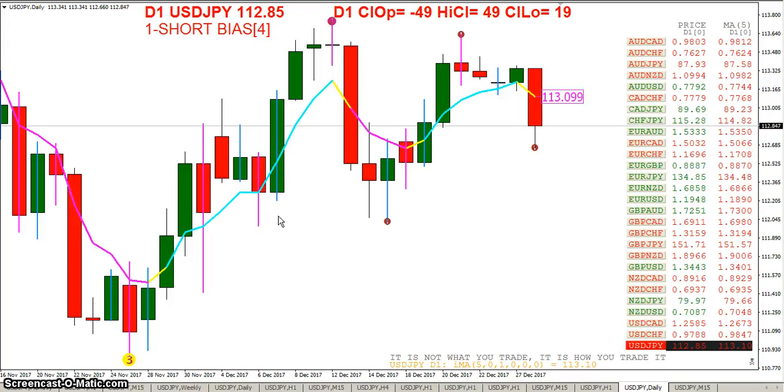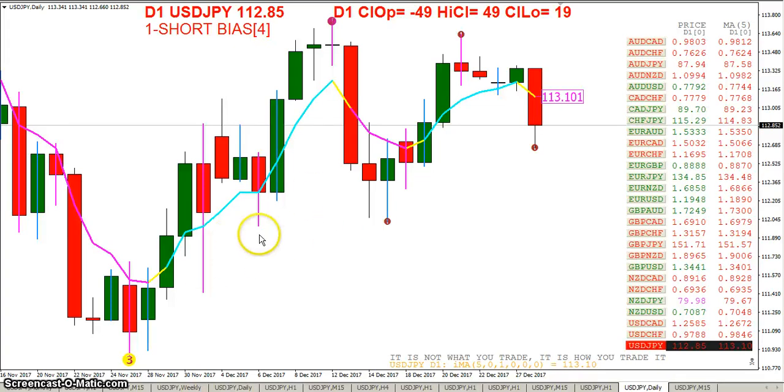So if it closed above it, it was aqua. If it closed below it, it was magenta. And there was a couple colors when it was crossing above and then closing above. So it's been a while. I don't remember, and the other two colors very rarely appeared.